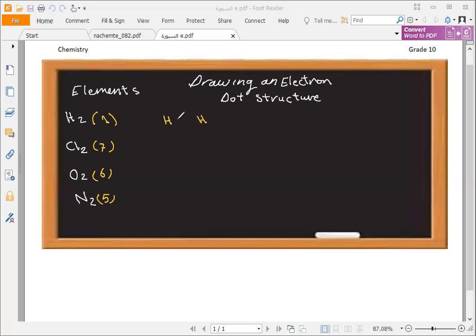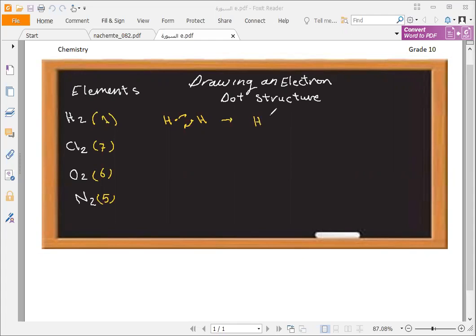In these 2 atoms, there is 1 valence electron each. Hydrogen can share one valence electron with another atom, here hydrogen with hydrogen.